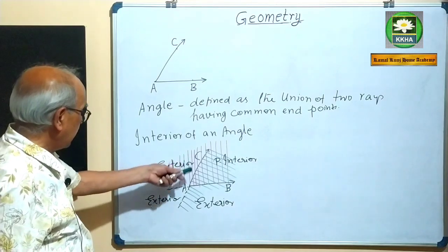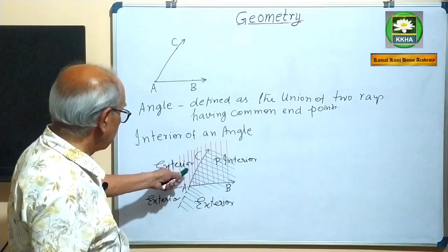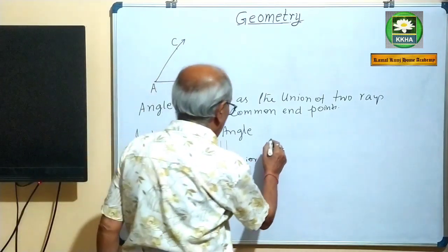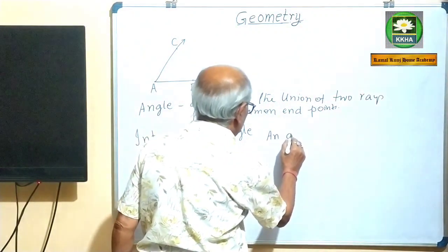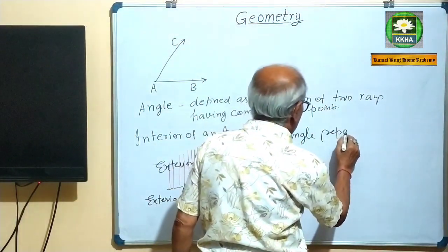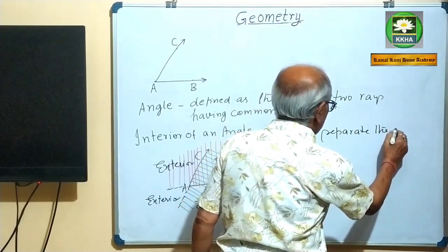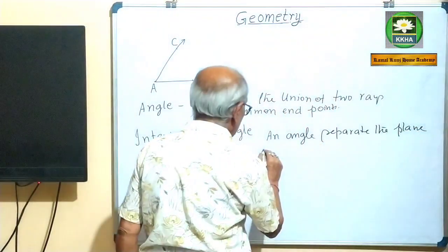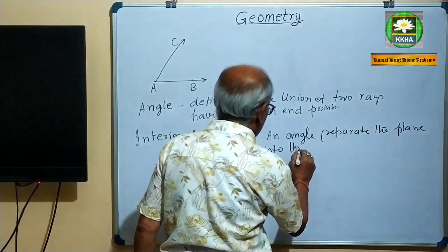Thus, an angle separates the plane into three disjoint sets.